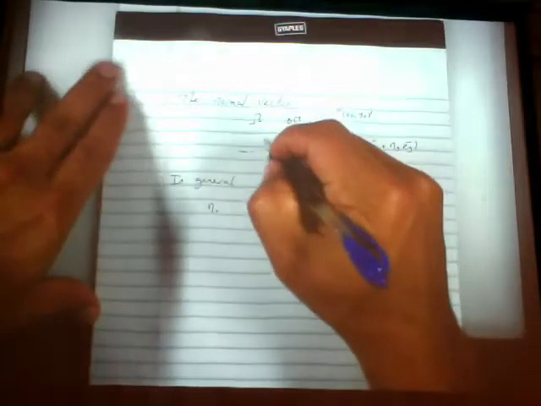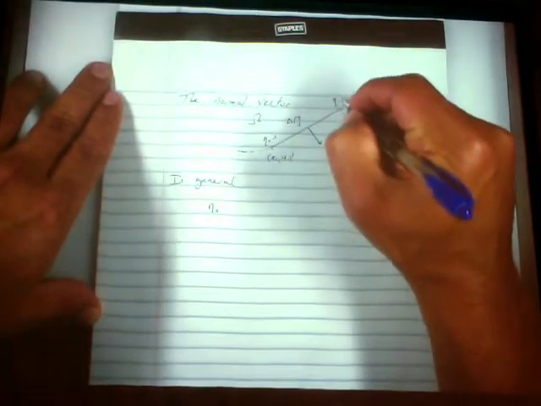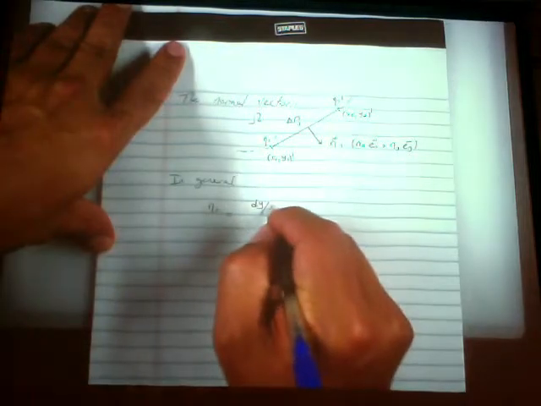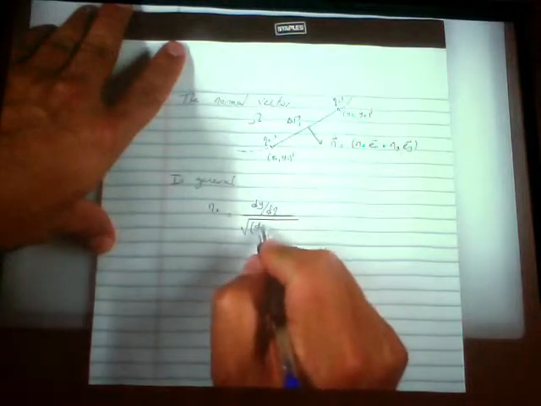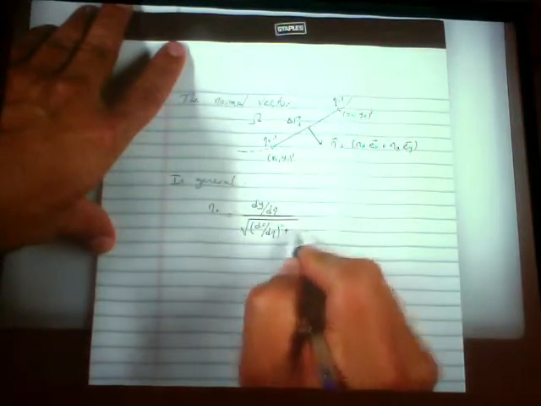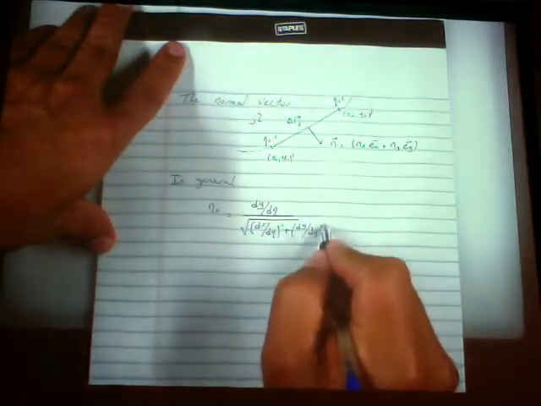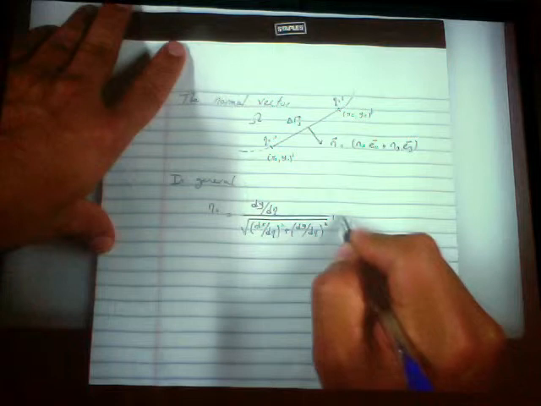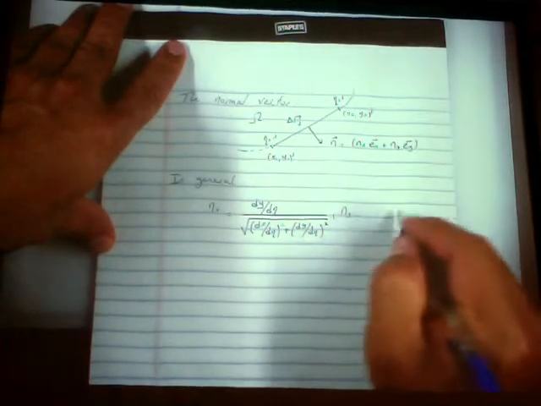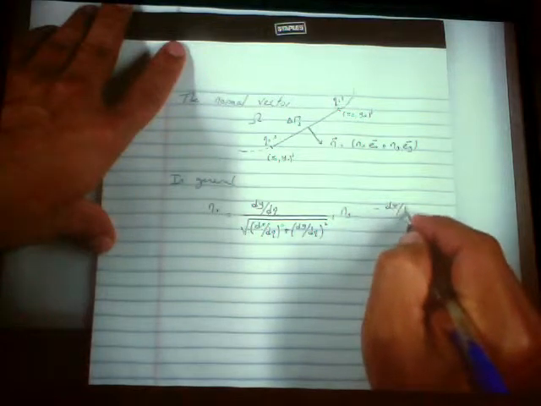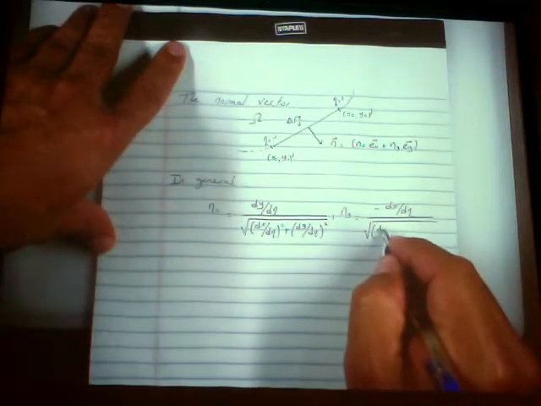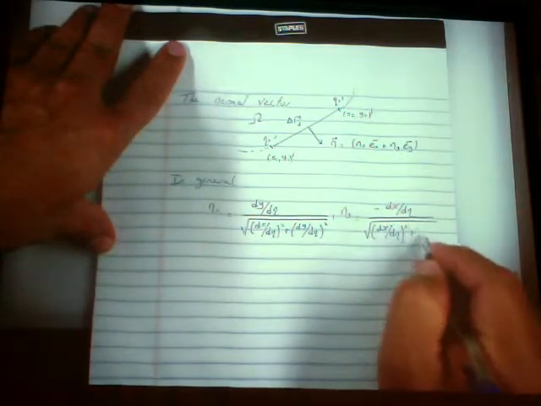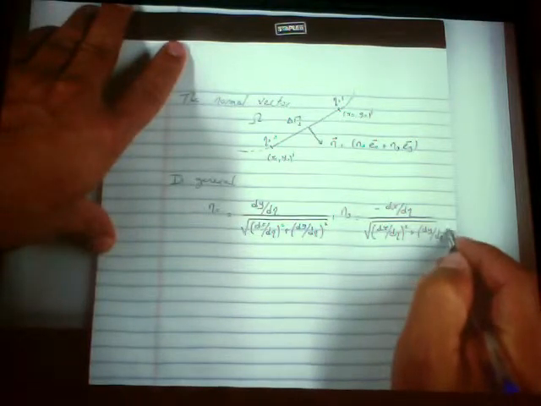Remember, the element is parameterized from eta equal -1 to eta equal 1. nx is equal to the derivative of y with respect to eta divided by the square root of dx d eta squared plus dy d eta squared. And ny is equal to minus dx d eta divided by the square root of dx d eta squared plus dy d eta squared.